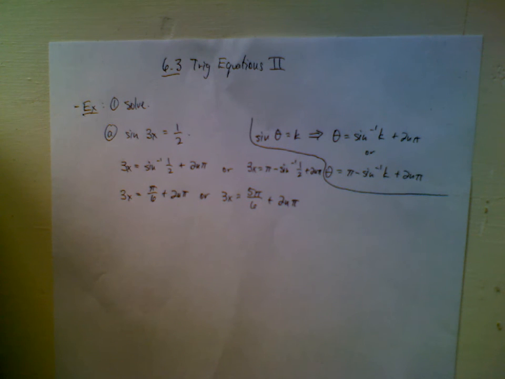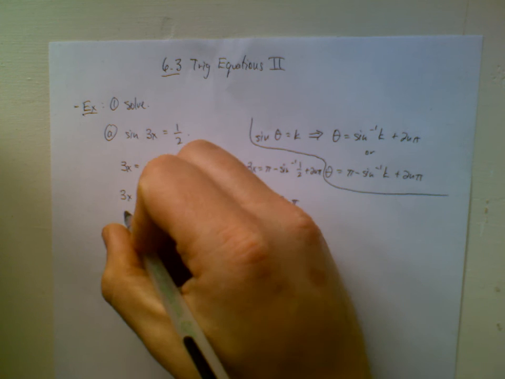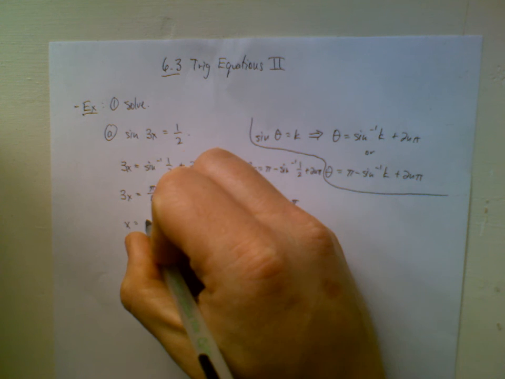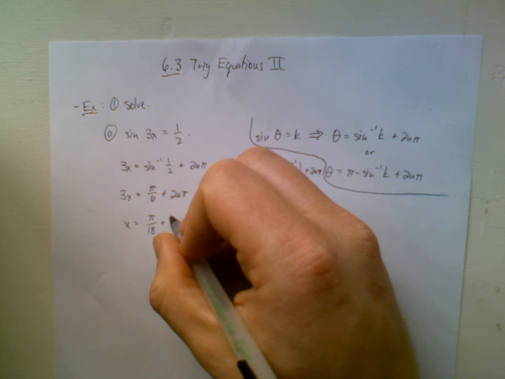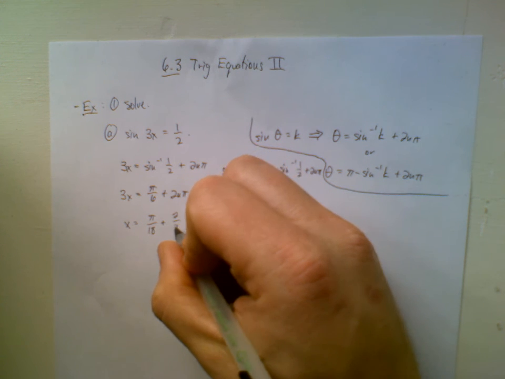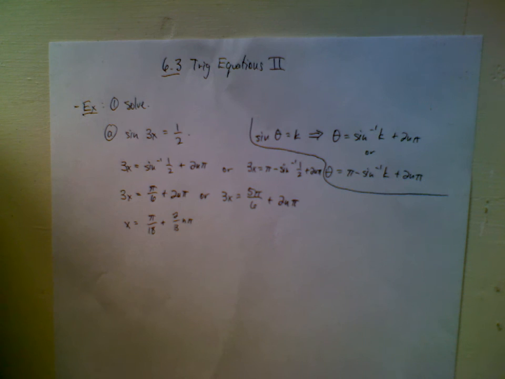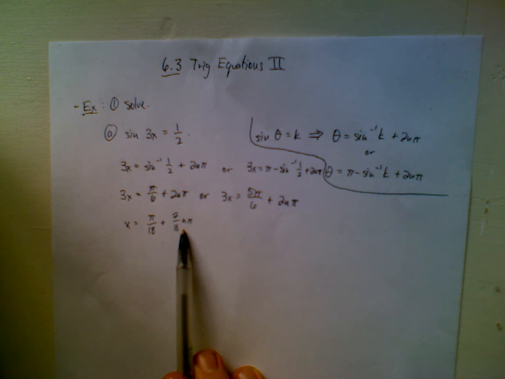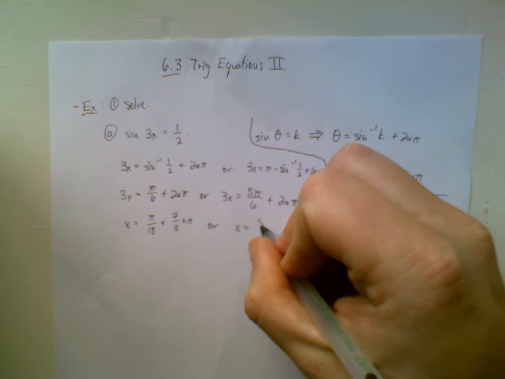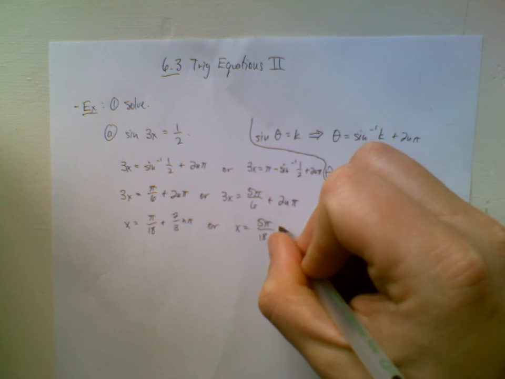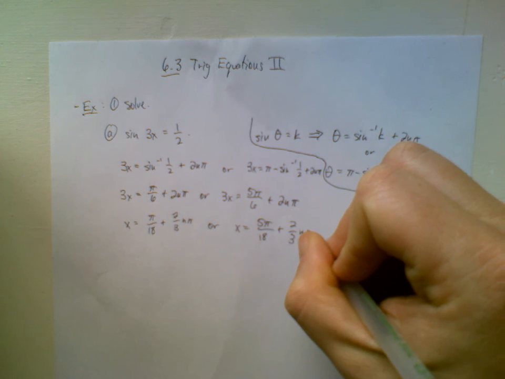So now our goal is, of course, to solve for x. At this point, we need to divide through by 3. If we divide through by 3, we get x equals pi over 18 plus 2/3 n pi, or you could say 2n pi over 3, or 2 pi over 3 times n, or whatever. Or x equals 5 pi over 18 plus 2/3 n pi.